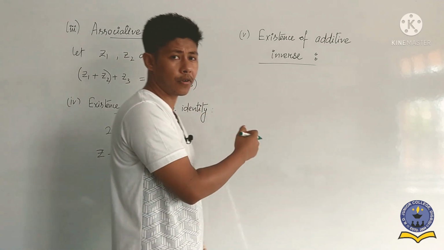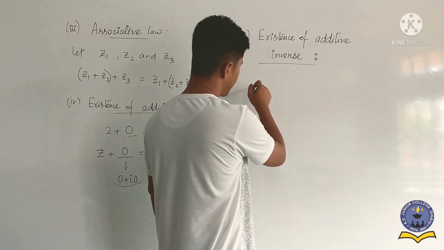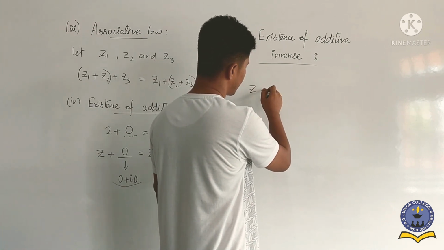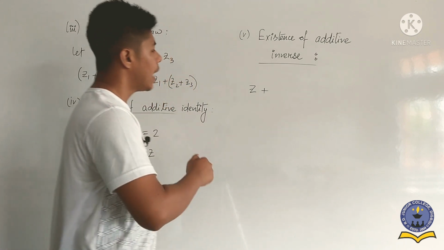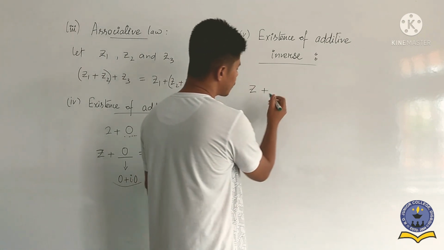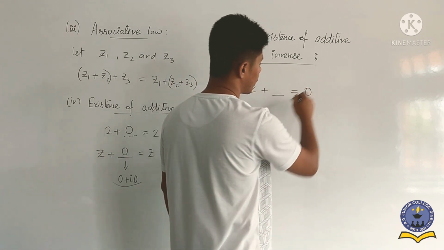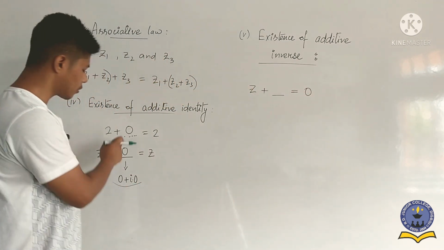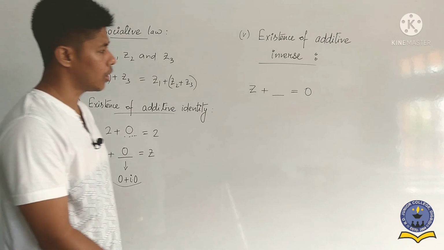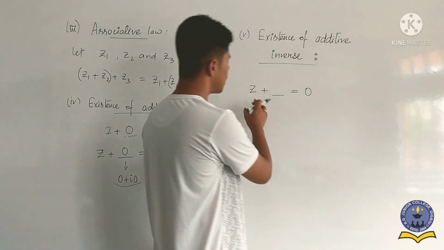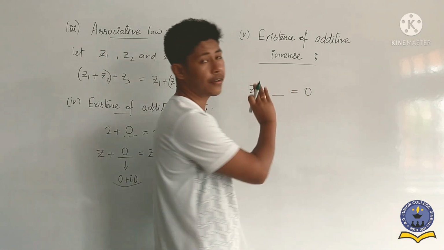For example, if we consider z, a complex number, how much do we have to add here to get the additive identity result? That means we need 0. 0 means what? Also we can write 0 plus i into 0. So how much do we have to add here to get the result 0?